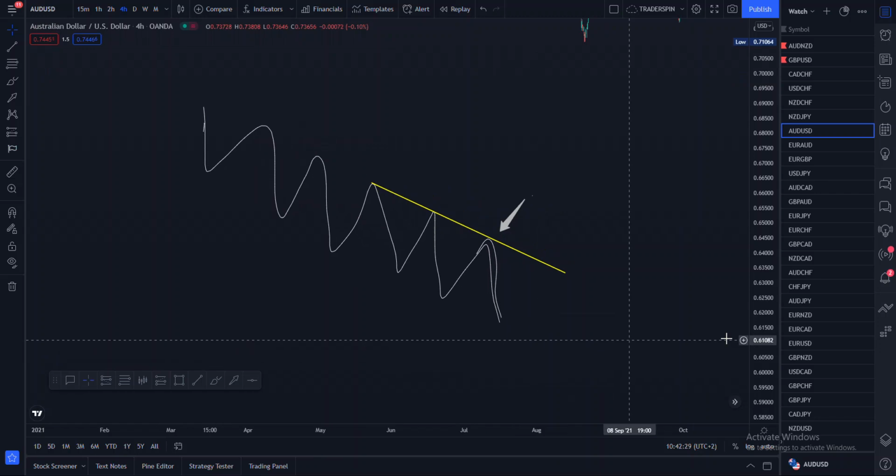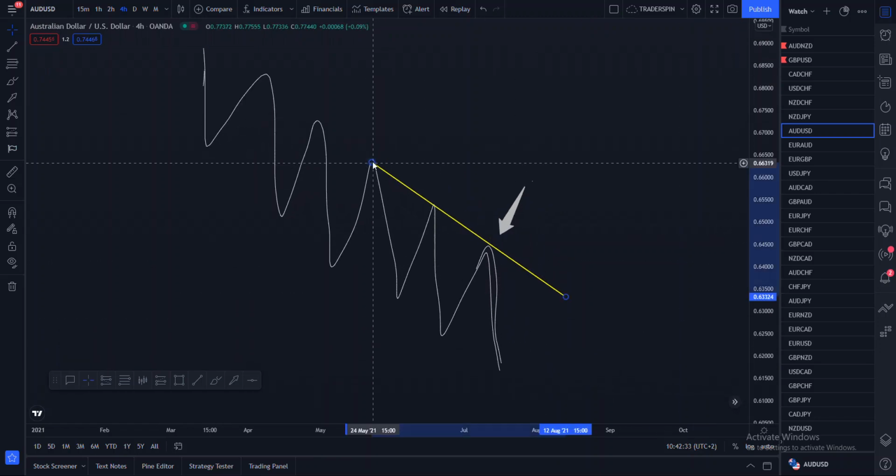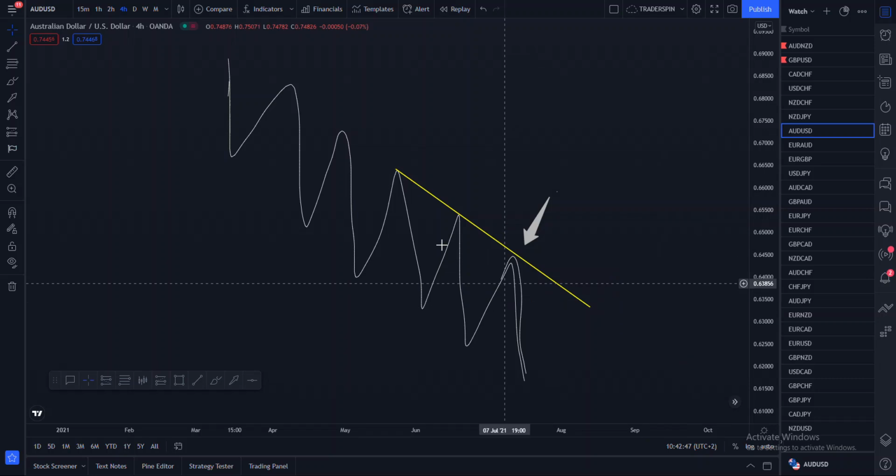What you then have to understand is your first touch has to be on the last second lower high, right? So you can see that this is your first touch, second touch, and this is your third touch where you want to sell.